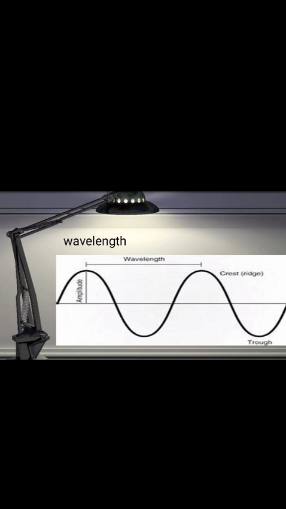Wavelength. Wavelength can be defined as the distance between two successive crests or troughs of a wave. It is measured in the direction of the wave. Wavelength is the distance from one crest to another, or from one trough to another.